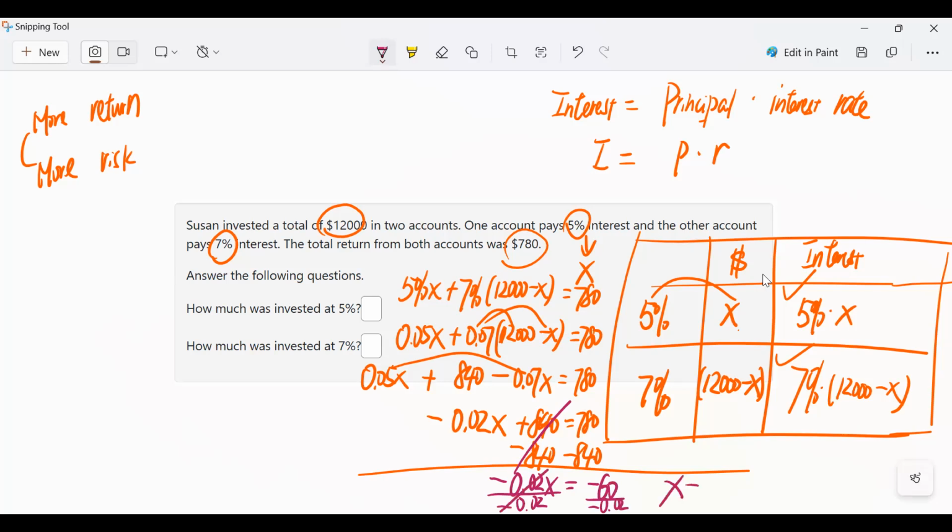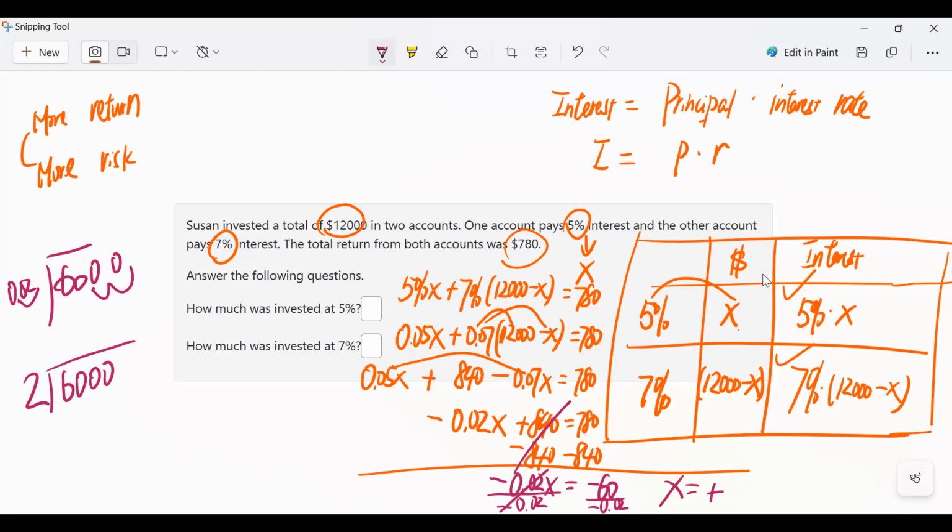Cancel that, so X equals 60 divided by negative 0.02, a negative times positive. If you do 60 divided by 0.02, you move the decimal point two places to the right to make it 2, and add zeros. Basically it's 2 going into 6,000.